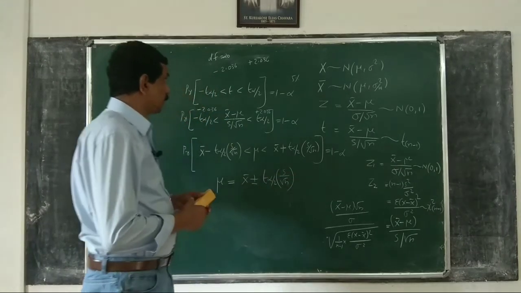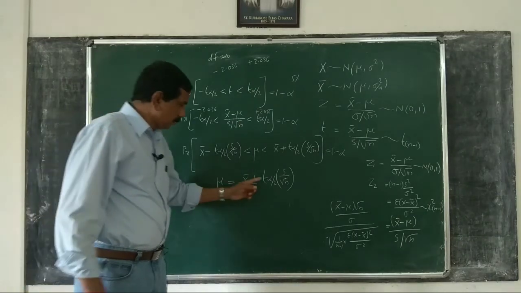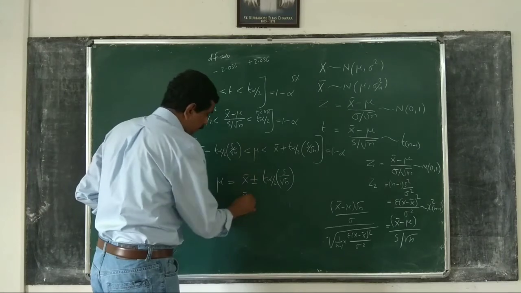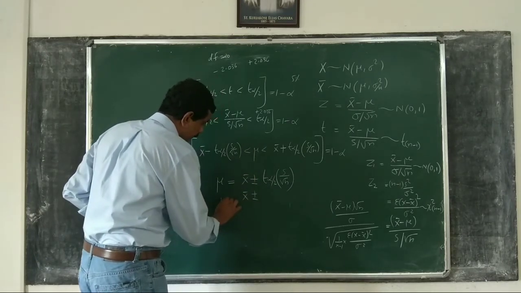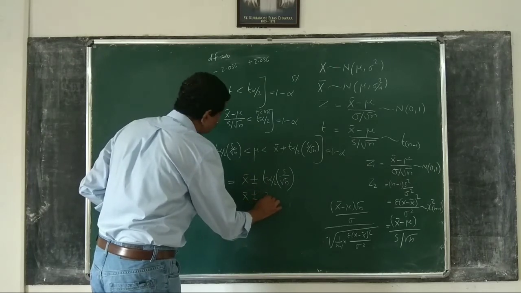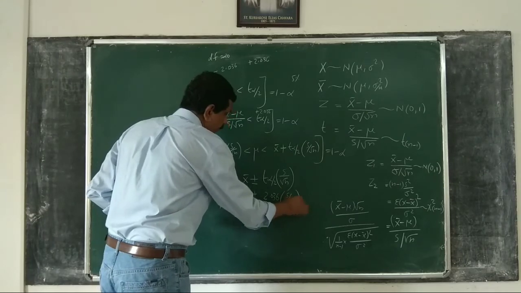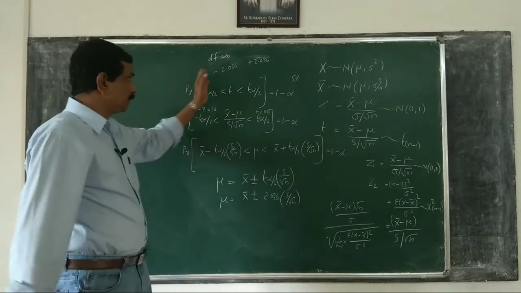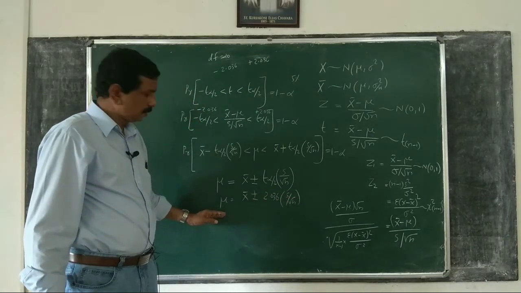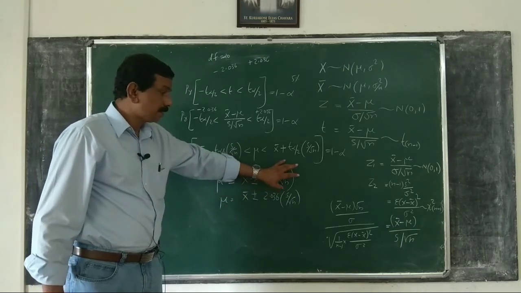As I told you, if degrees of freedom is 20 and alpha is 5%, you can write it as x bar plus or minus 2.036 S by root n. For a different degree of freedom, you have a different confidence interval. So this is the confidence interval from the T distribution.